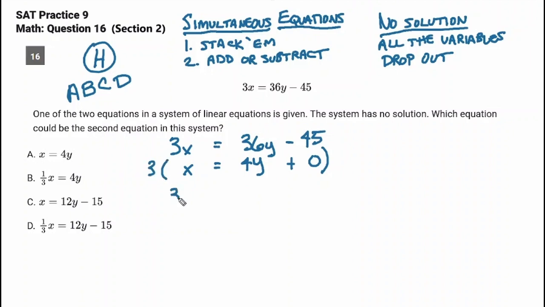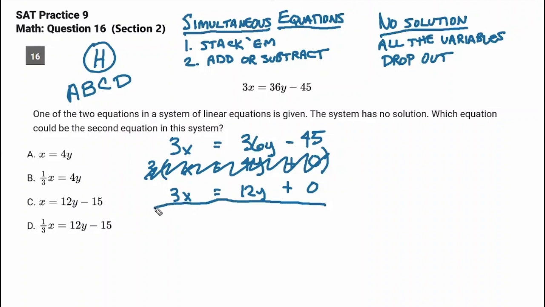And when I do that, I'm going to get 3x equals 12y plus 3 times 0, 0. All right, this doesn't matter anymore. I'm going to draw a line, and now I'm going to add or subtract. I can subtract: 3x minus 3x is 0 equals 36y minus 12y. That's 24y. Did all the variables drop out? They did not. So this is not the answer.